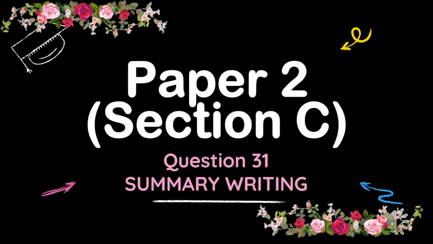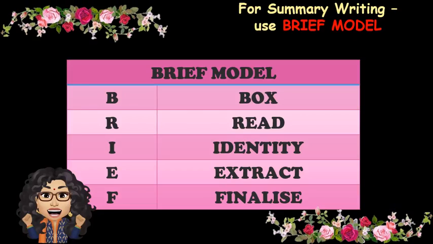In this video, we will look into Paper 2, Section C, Question 31, Summary Writing. When writing a summary, you can use the BRIEF model. B stands for box. It means box the text within the range given. R stands for read.